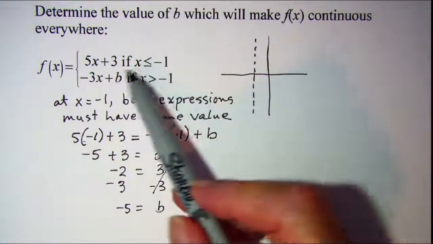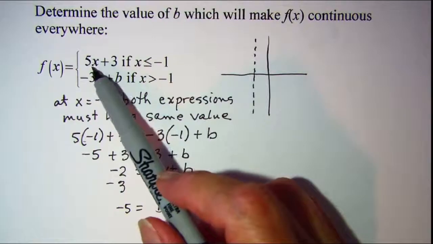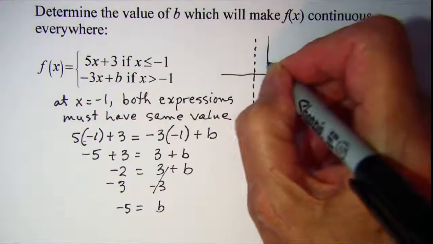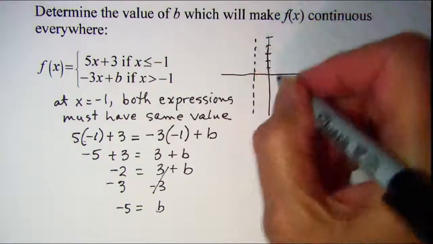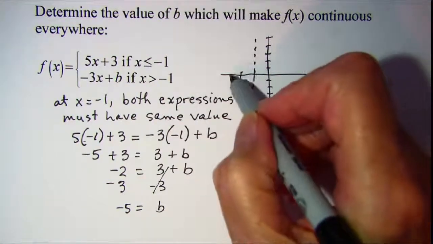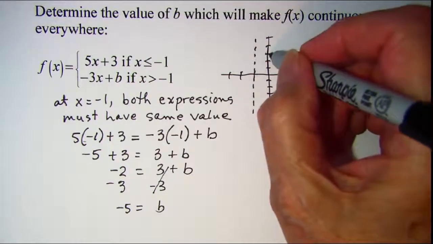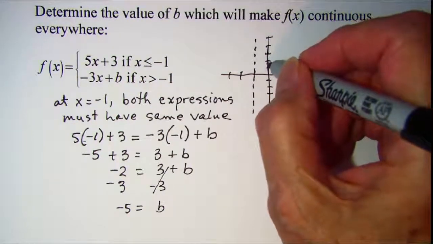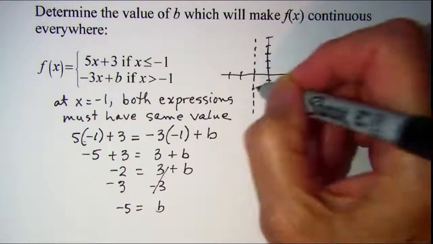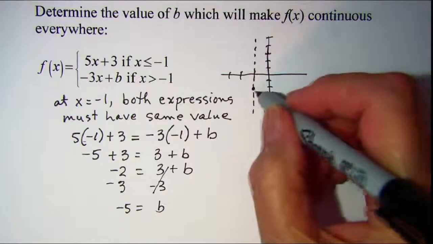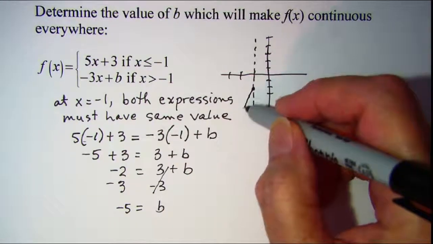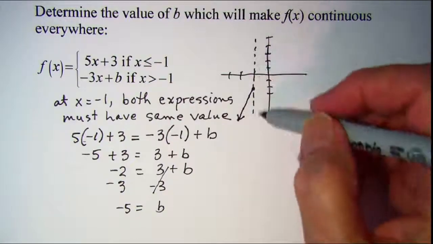So what this says then is on the left side we have a slope of 5 and a y-intercept of 3. So it'll be going like this on the left side of that boundary.